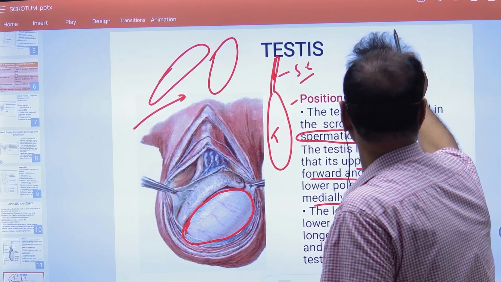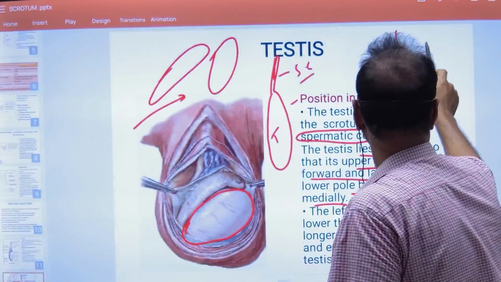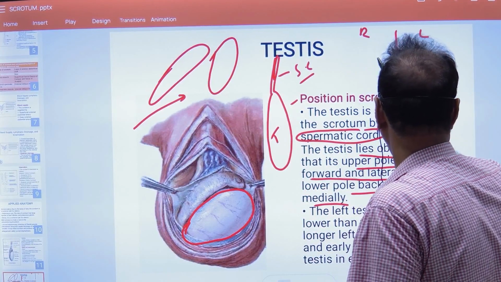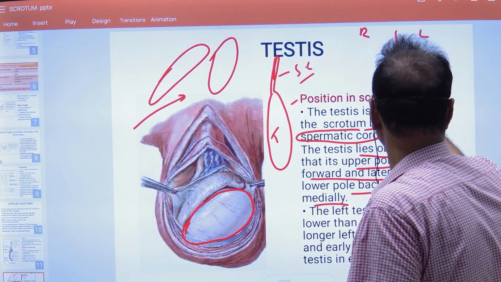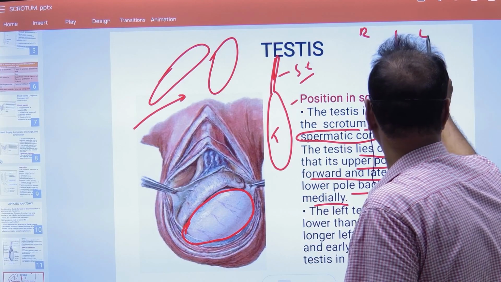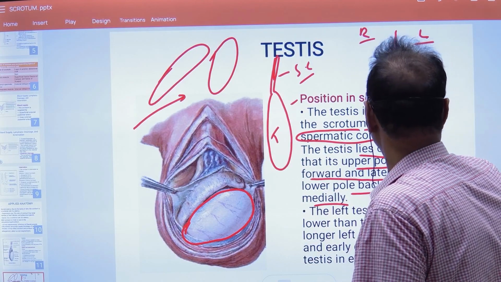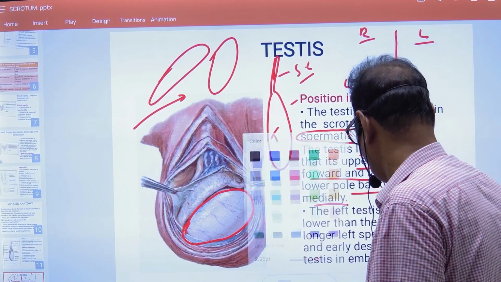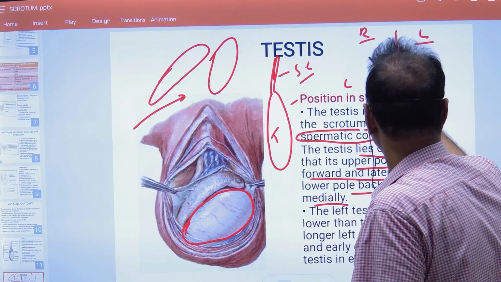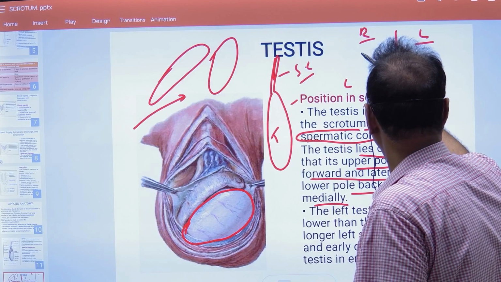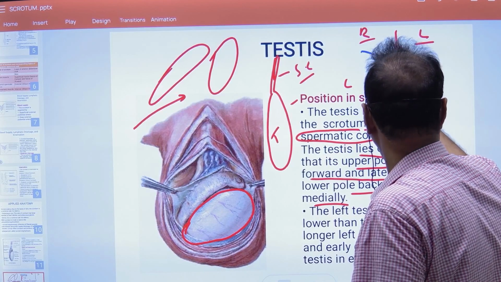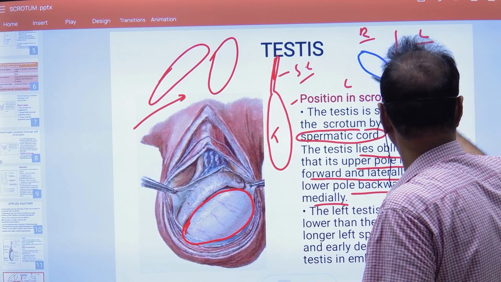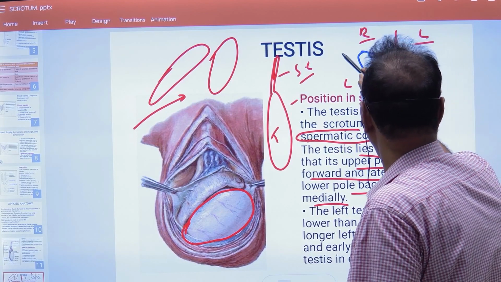This one is the median line. This is the right, and this is the left. So we have got this is the median, this is the lateral, right side, left side. This is the median plane, and this is the lateral plane. And we have got the testis over here. The testis will lie like this. This is upper pole.